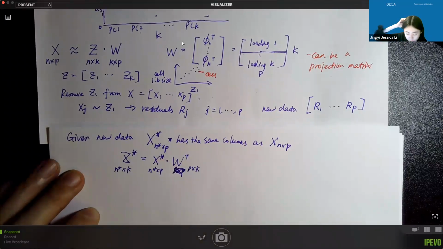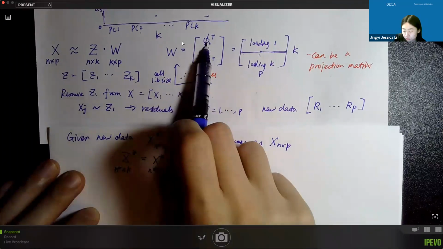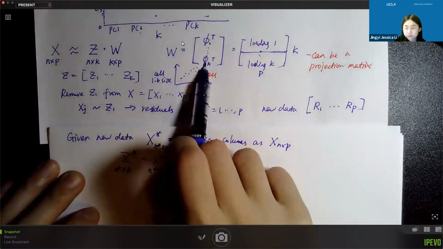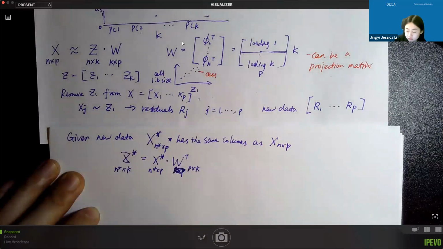And also a nice property about W is that the rows of W are eigenvectors, so they're orthogonal to each other.